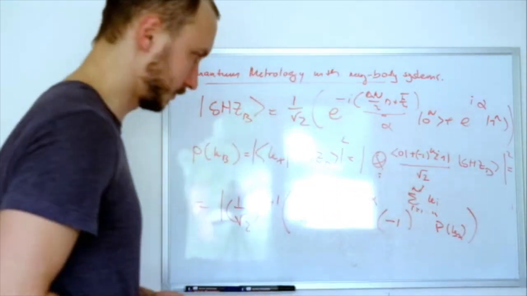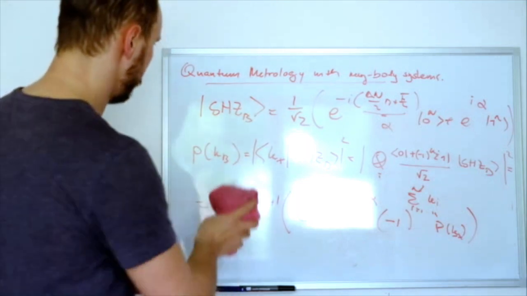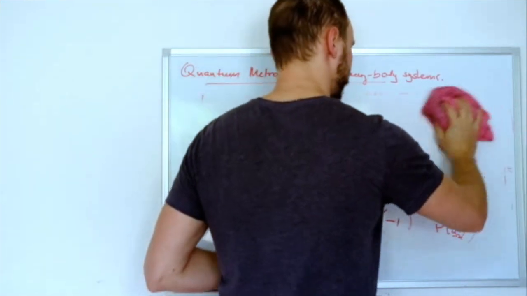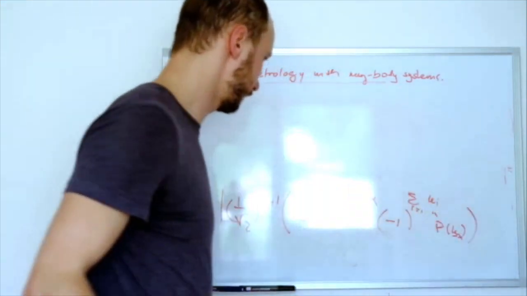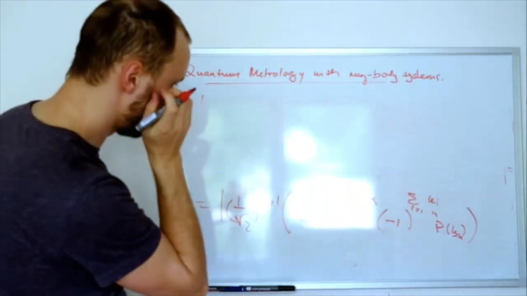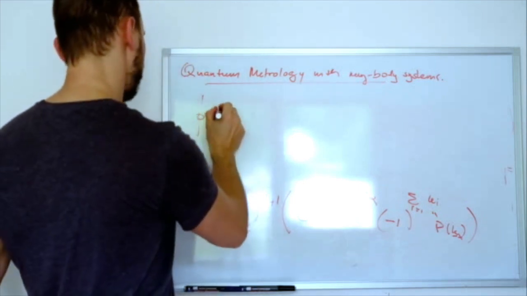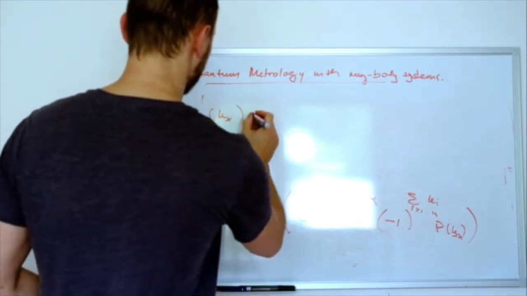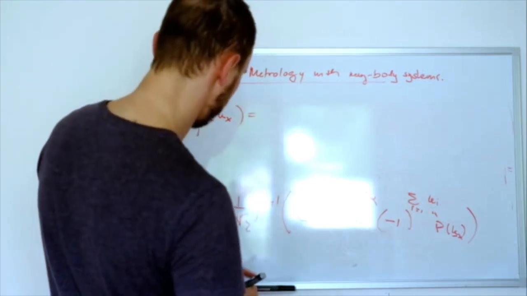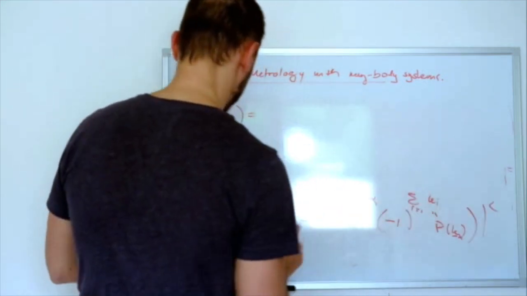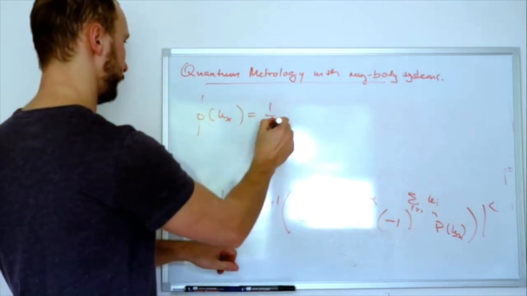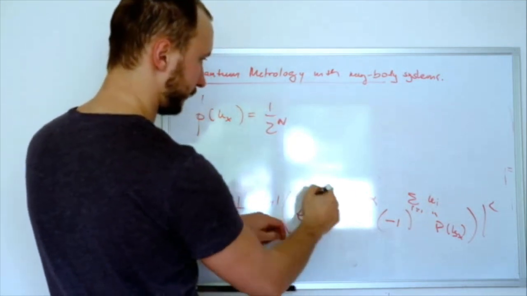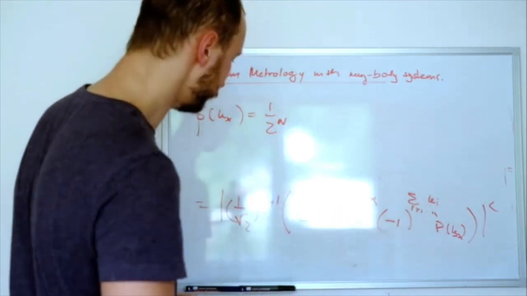Yes, good. So let me just write it down, because here you see the cosine and sine appearing. In other words, we get for p of k_x, this is given by the square. First, we're going to put 1 over 2 to the power n out, right? And then here, if we square it out, we have the absolute value of this.